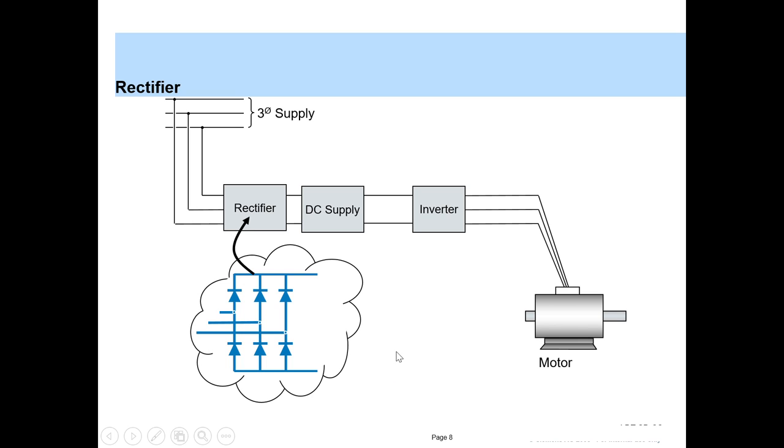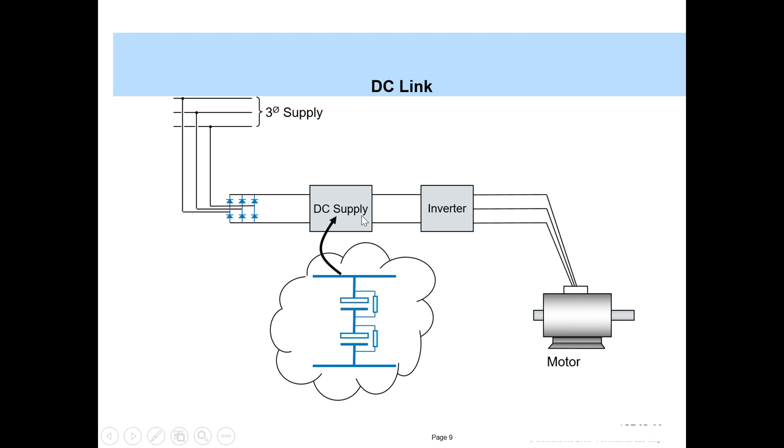This rectifier can be made up of diodes, or you can even have thyristors. Alright, so this converts AC into DC. And next we have the DC link. We call this the DC link, and we have capacitors here. What the capacitor does is it smoothens out the ripples that are there, and we try to get a more or less pure DC with frequency 0.